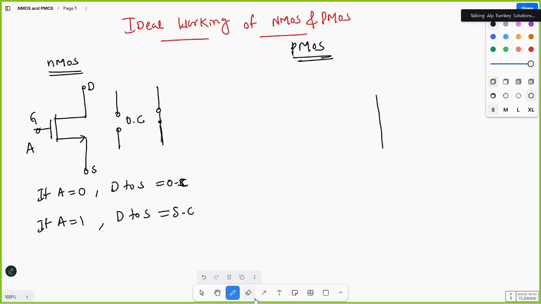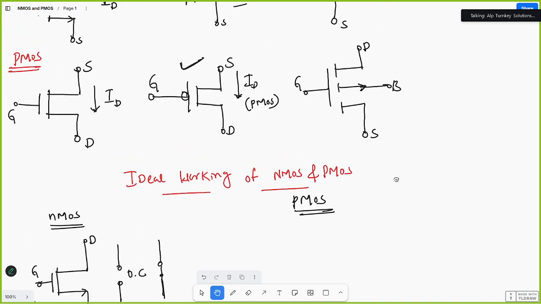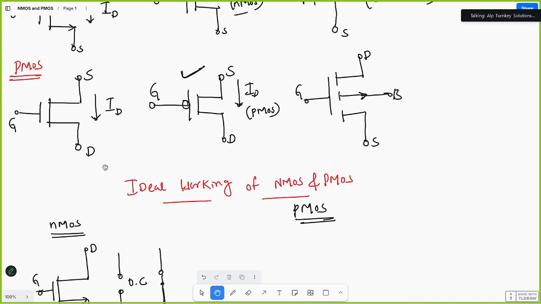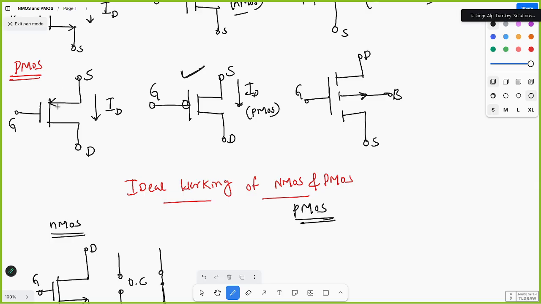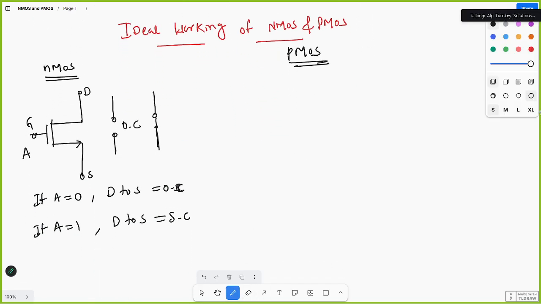For PMOS you can give the current direction from source to drain, or you can give it with the bubble, that is PMOS. So if you see the ideal working of PMOS, this is the current direction. Here you have source, next drain, gate.